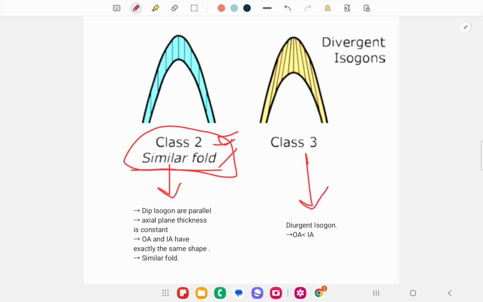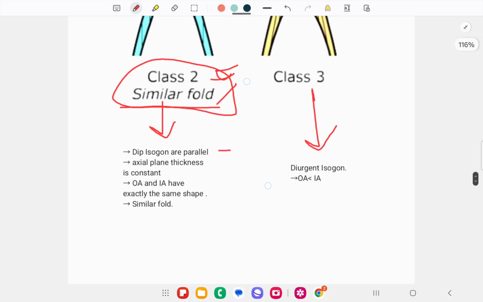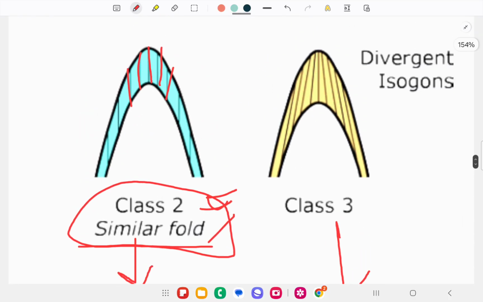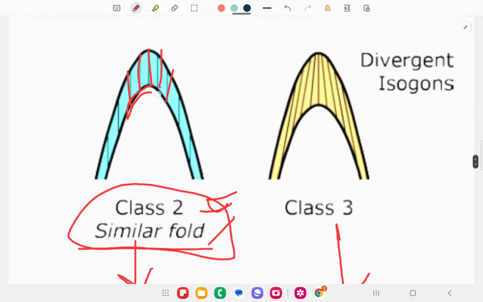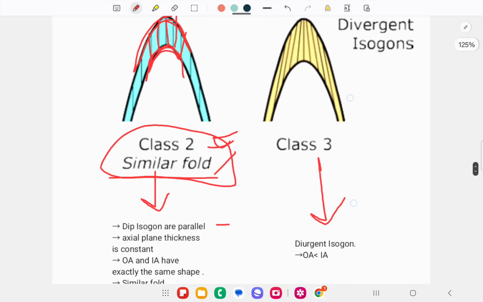Here the dip isogons are parallel, neither converging nor diverging. The outer arc and inner arc are similar; the wideness and the curving are almost the same.